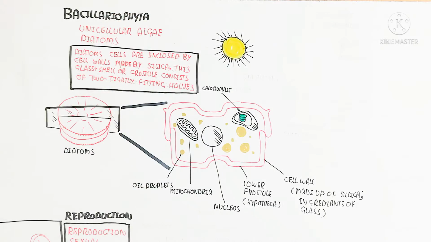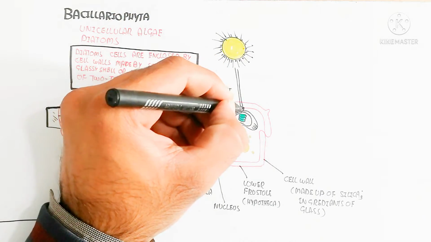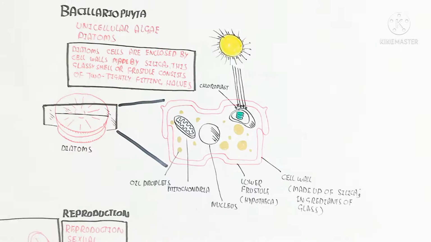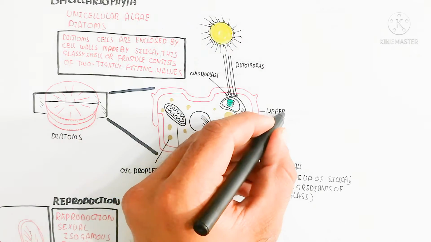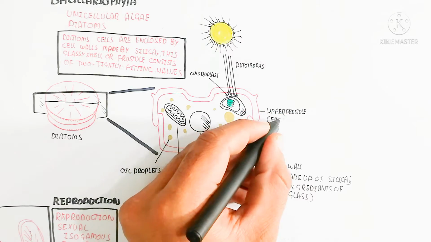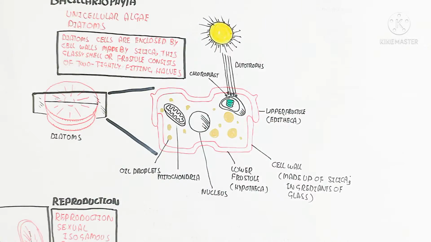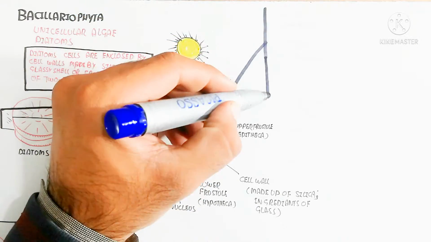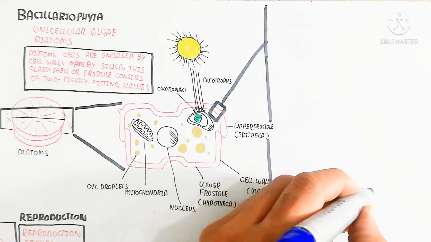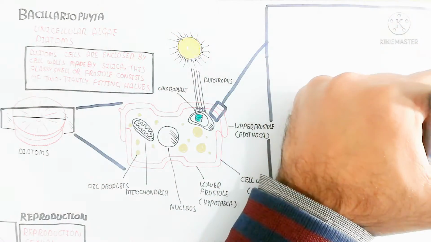You can see that it is an autotroph, because it uses light through the chloroplast to produce energy, and it is brownish in color. Oil droplets are present, which are used as reserve food. The reserve food is not glycogen but oil droplets.